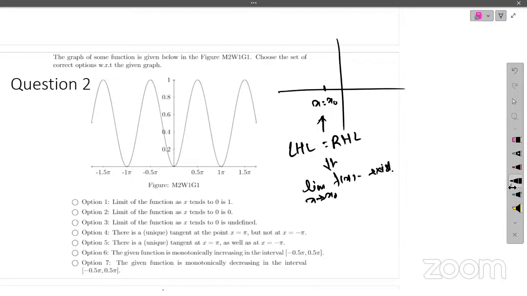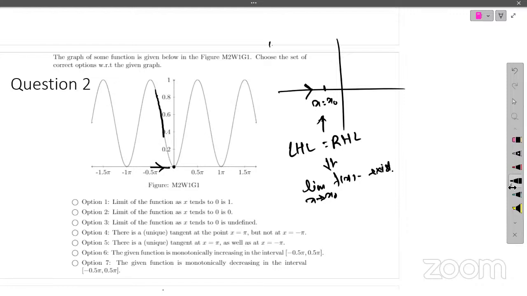Right. So for that, we approach the point x equals x0 from the left hand side and observe where our graph is going, where our graph is approaching. Here we want to calculate the limit of the function as x goes to 0. So this is our point. If you approach 0 from the left hand side, this graph is actually approaching 0 itself.